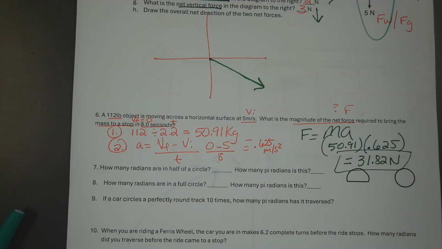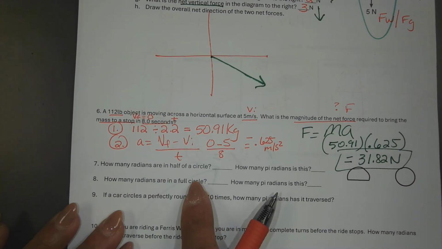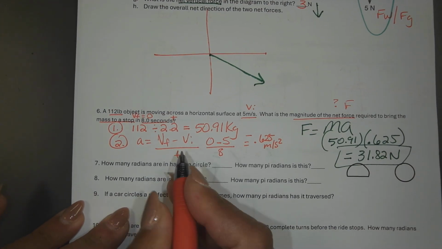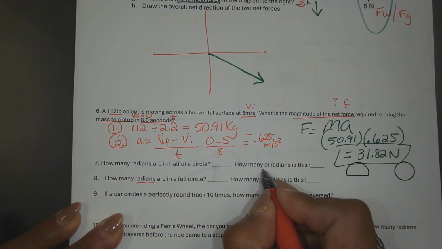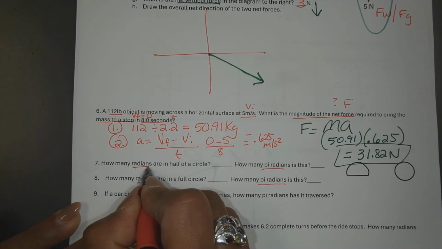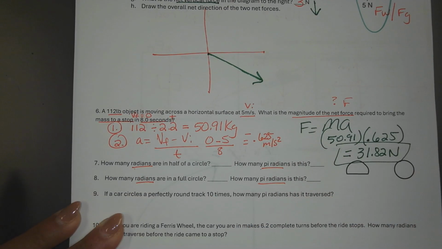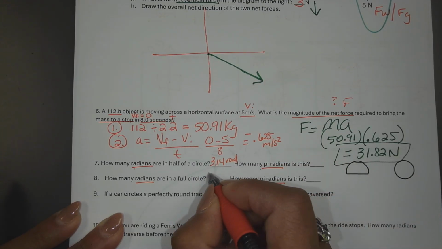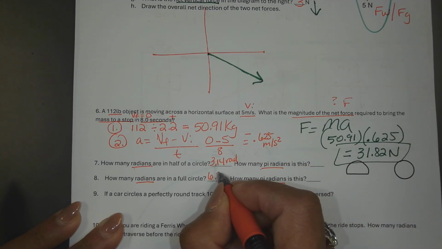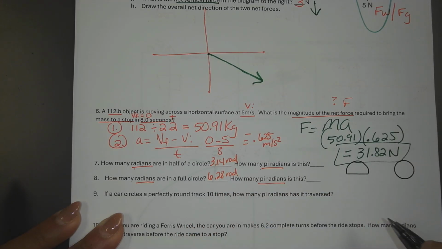The next question, again, like I said earlier today here on question number 1, when you read the question, it's going to either ask you for radians or pi radians, okay? So in a half a circle, 3.14 rad, in a full circle, 6.28 rad.